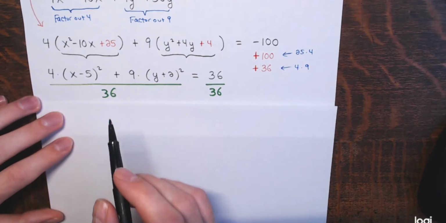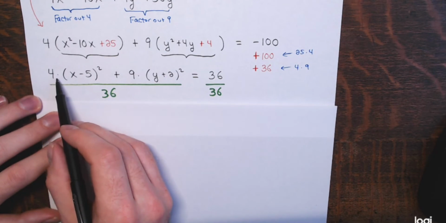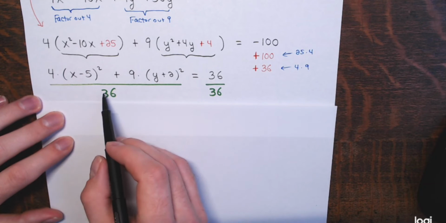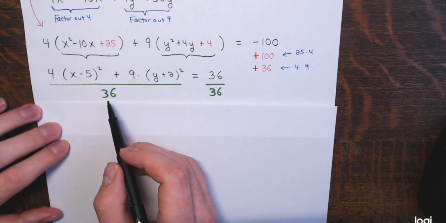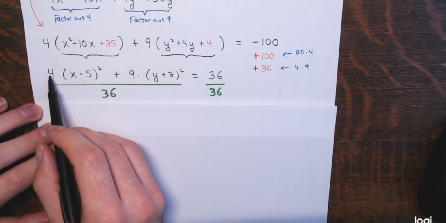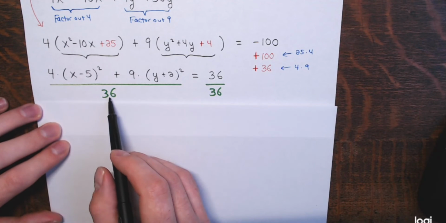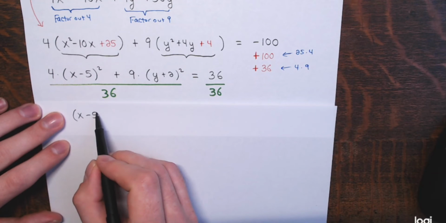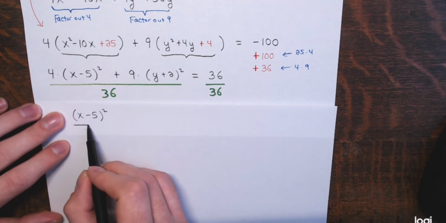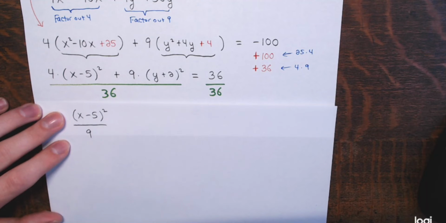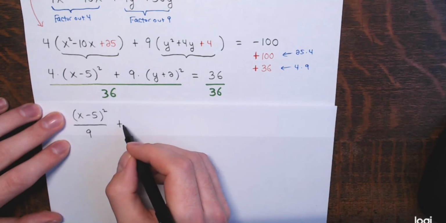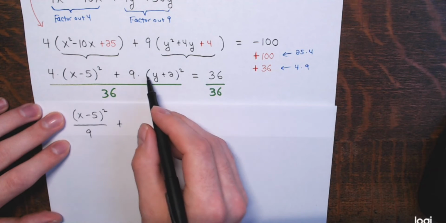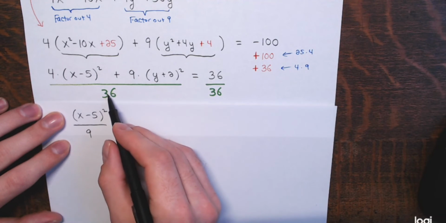And then the nice thing is that these coefficients of the squares, 4 and 9 here, go into 36 evenly. So when you take this first product divided by 36, 4 goes into 36 9 times. This becomes the quantity x minus 5 squared in the numerator divided by 9 in the denominator. Plus, and then the second product, when divided by 36, 9 goes into 36 4 times.